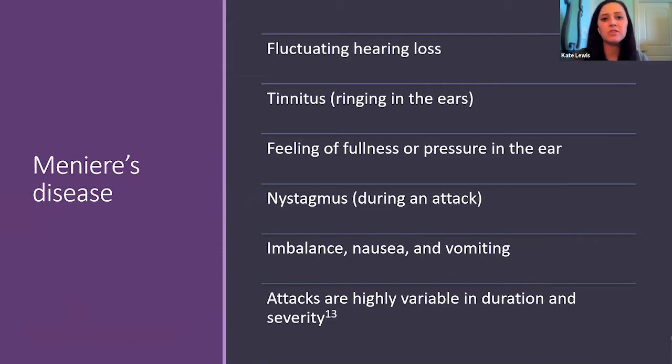Meniere's is a buildup of fluid in the inner ear, and it can cause fluctuating hearing loss, ringing in the ears. A big hallmark sign is the feeling of fullness or pressure in the ear. Nystagmus, which is eye jumping, imbalance, nausea, vomiting. And Meniere's attacks are highly variable in duration and severity depending on the patient. A lot of times it starts in one ear, and it can progress to the other ear.